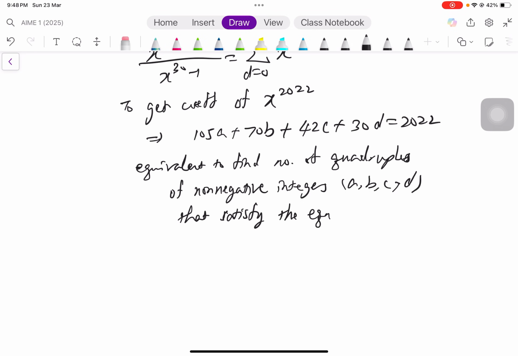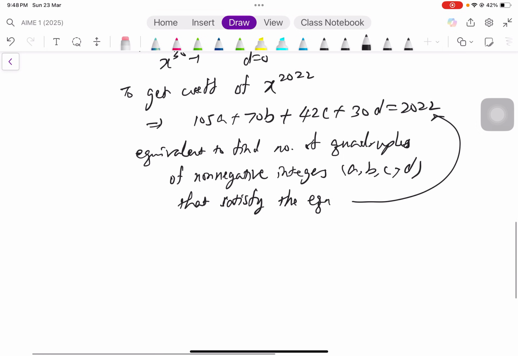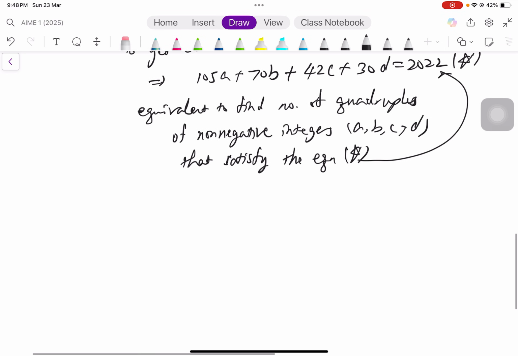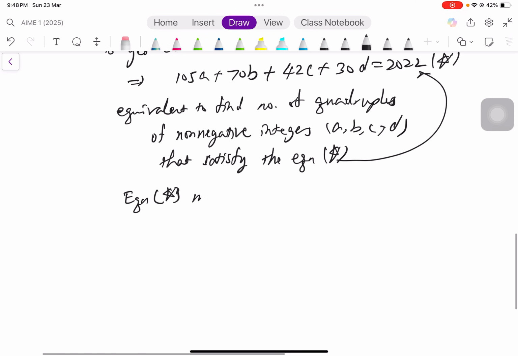The equation referring to this equation, right? We call this equation star. For equation star, the interesting thing is we can look at modulo 2.